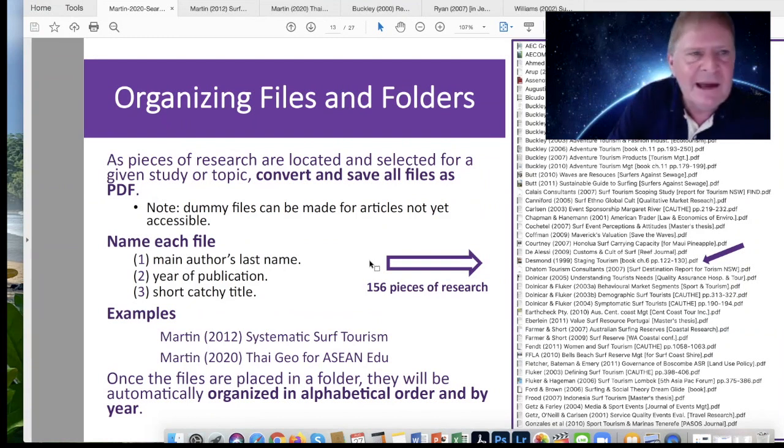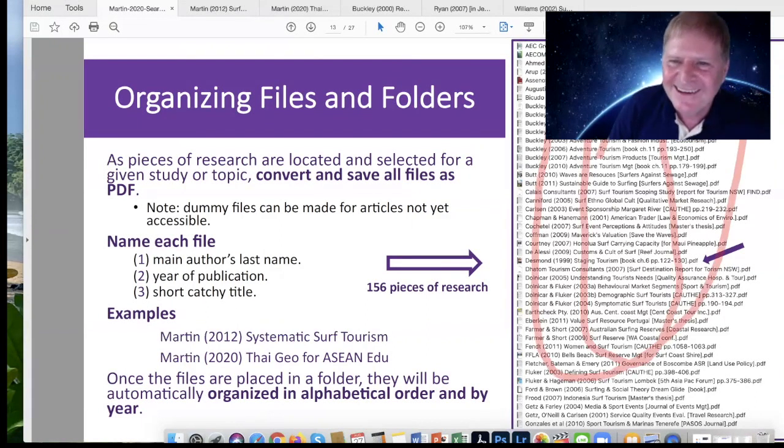So as you collect your literature, you can begin to organize it like I've shown here. You do the author's last name, year, abbreviated title, and then the journal or what the source is, right?